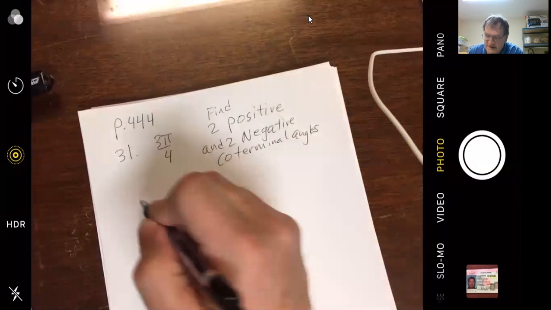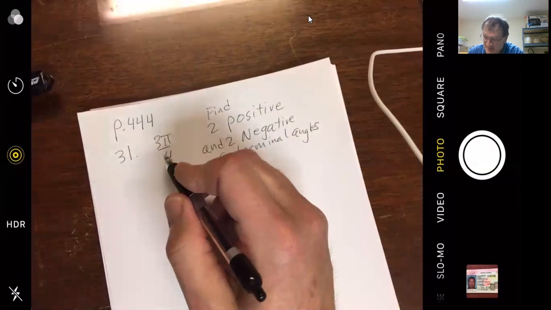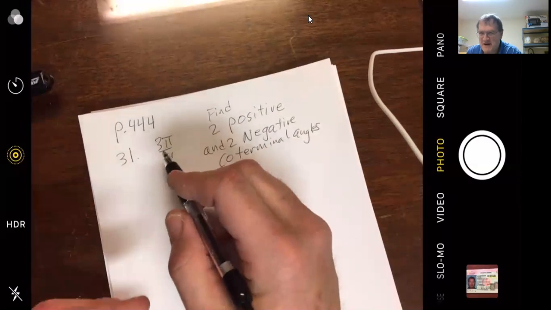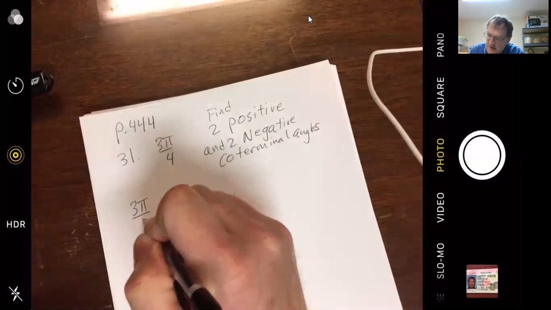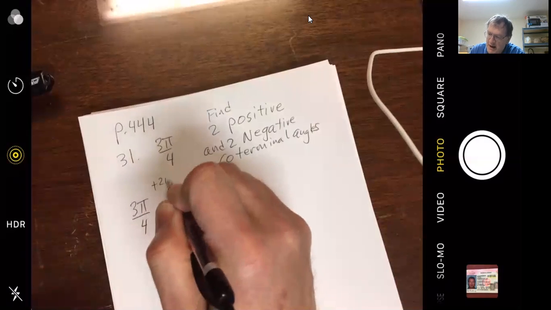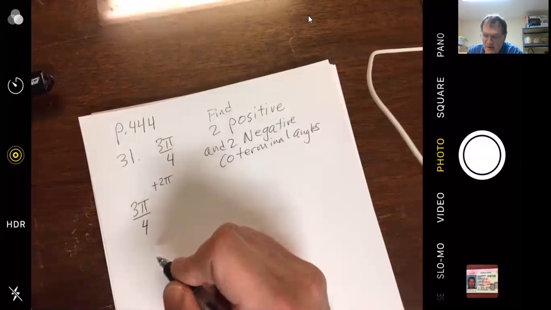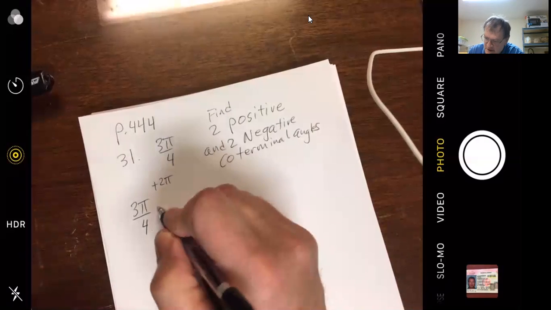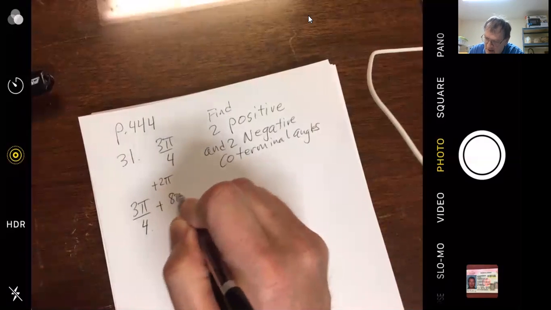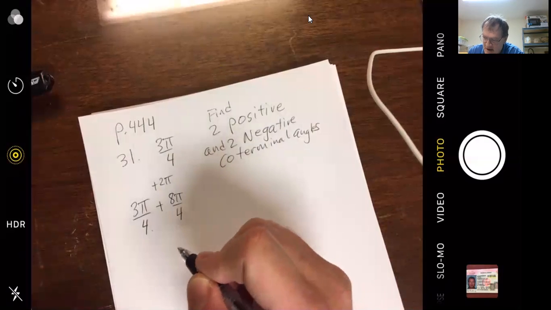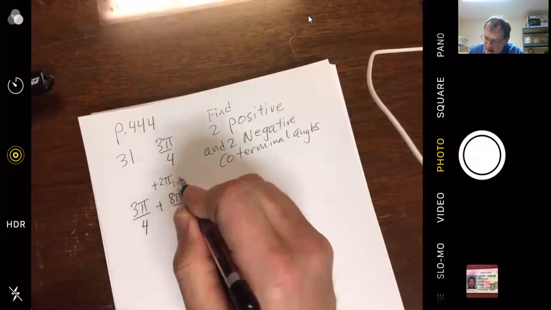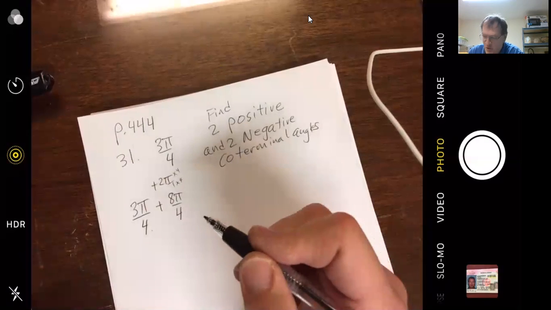All right. Well, you want to stay in the same system. I mean, you could convert it to degrees and find the coterminal angles and then convert them back to radians, but we'll just stay in the same system. Remember, you want to add 2 pi. Well, with the common denominator of 4, 2 pi over 1 times 4 over 4 is 8 pi over 4.